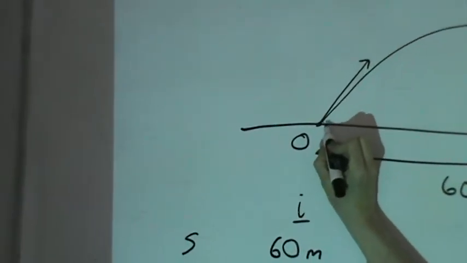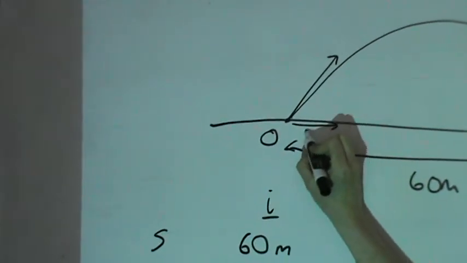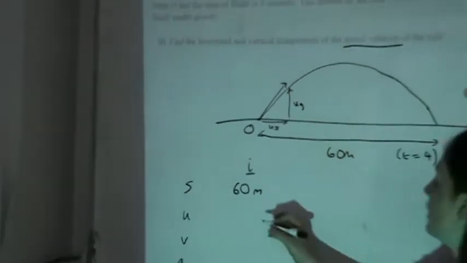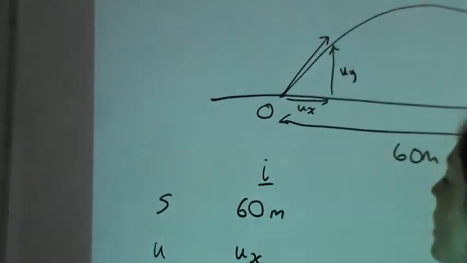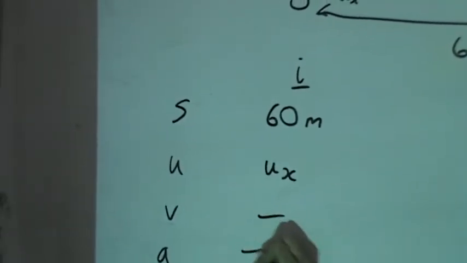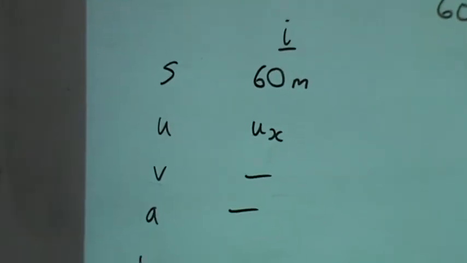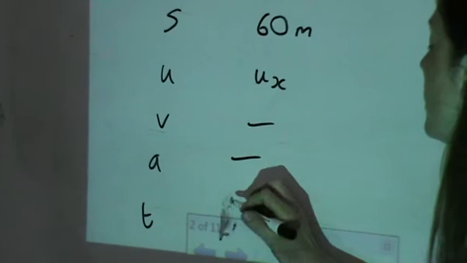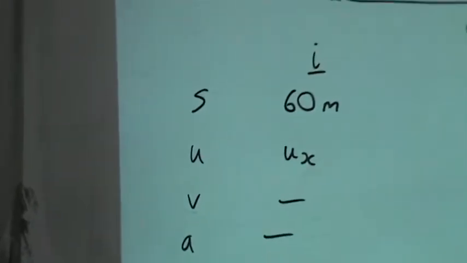So I'm going to call my horizontal initial velocity ux. And my vertical initial velocity, uy. Okay, so there's ux. We know that our final velocity is going to be the same, so we don't care. We know there's no acceleration due to gravity going horizontally. So the only other thing we've got is our time, which we know takes us 4 seconds. Okay, so that's the i direction.